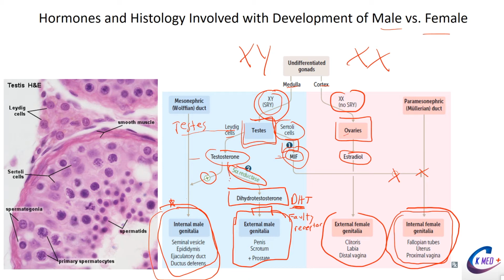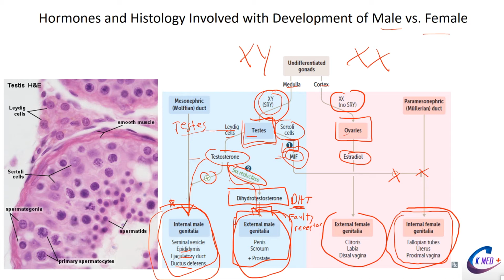Now, this is the pathway that's inhibited through DHT, so we are not going to make external male-like stuff, but there's no problem with testosterone binding and doing its internal stuff. And so this is an external-looking female with internal male genitalia, such as seminal vesicles, epididymis, ejaculatory duct, and ductus deferens, and they also have testicles. So this is the female with testicles, internal genitalia, but external genitalia of a female.